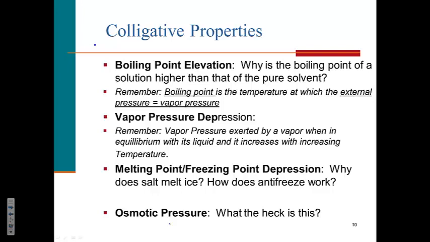Colligative means collective, maybe. So these properties depend upon the total collection of particles in solution. It doesn't matter what kind of particles, how large they are, whether they're ionic or non-ionic, or what color they are, or any other property like that.